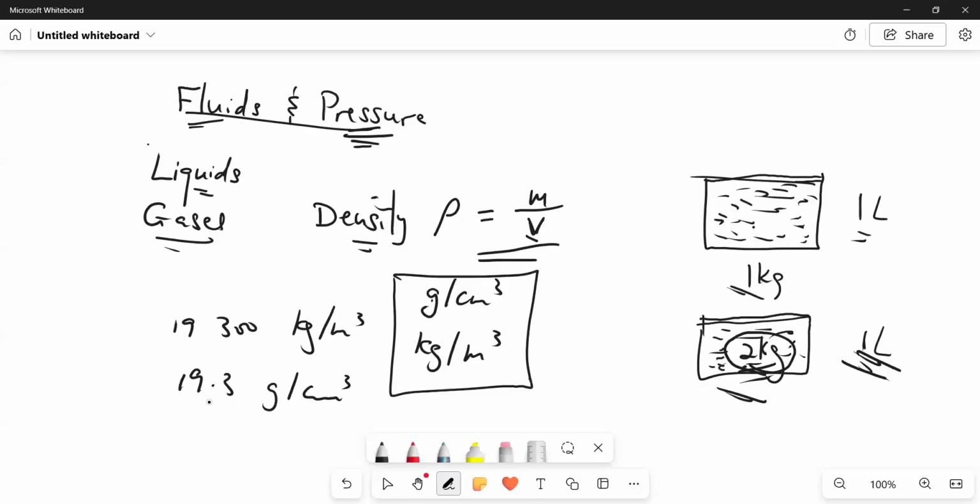It means then that if you have just 1 cm cube of gold, it's going to weigh 19.3 grams. It's a very dense element then. Gold is a very dense element.